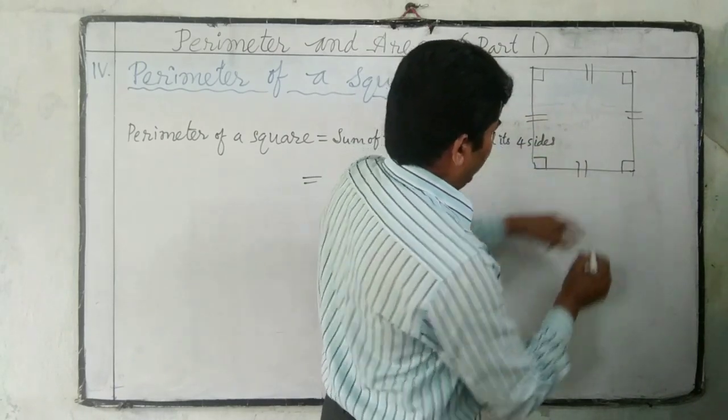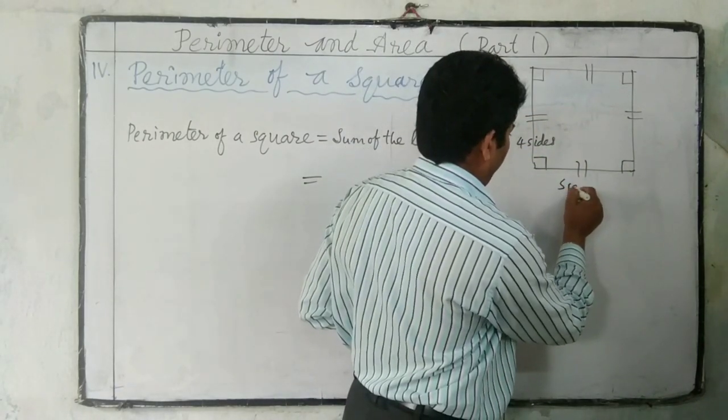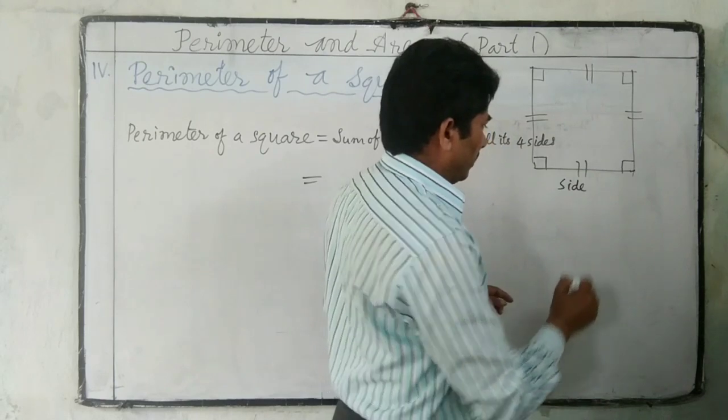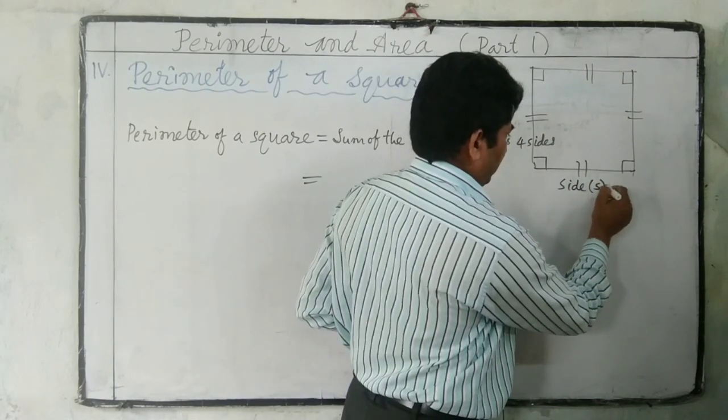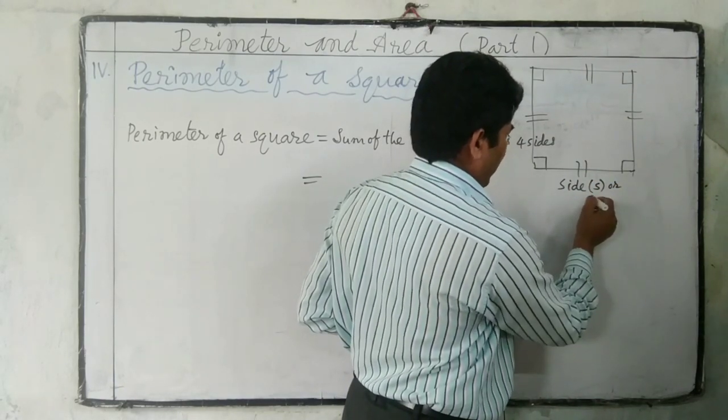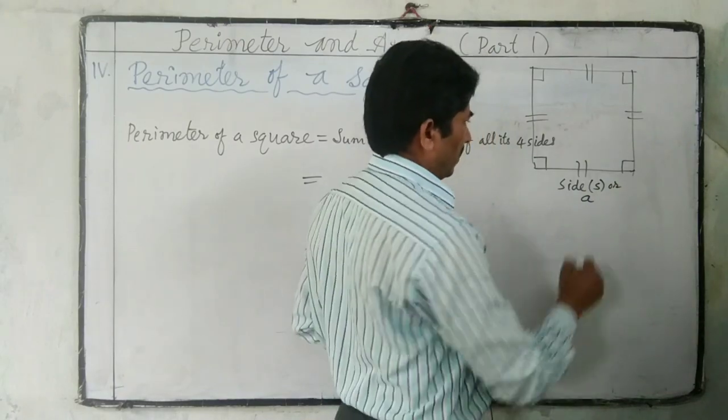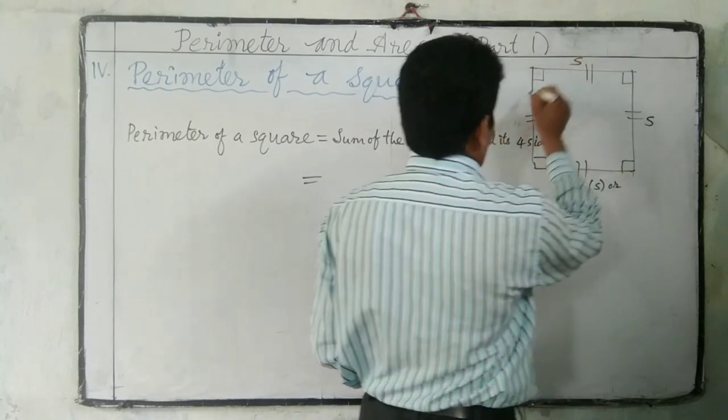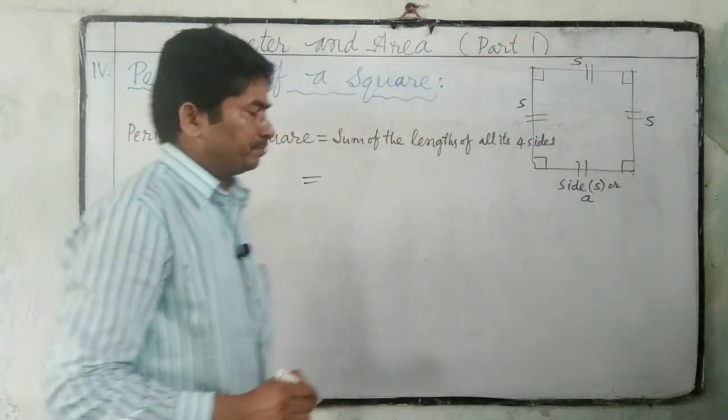So this is a side, S, also denoted by A. All sides are equal.